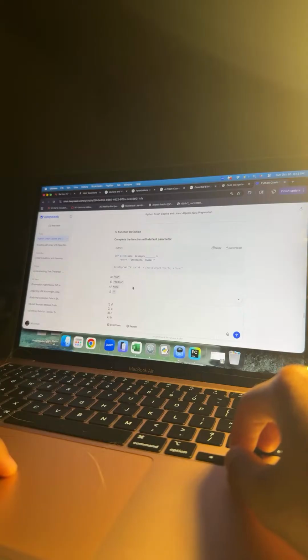Okay, B. And then for 5, you have to complete the function with default parameter. Definition greet name message equals... greet Alice. Hi and hello both work.